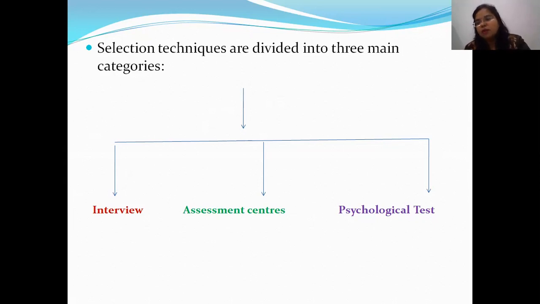And if we talk about the psychological test, then the word psychology itself says that we test or measure the mental state of the candidate by using different tools, techniques and different tests. So we are going to talk about all these three techniques one by one.